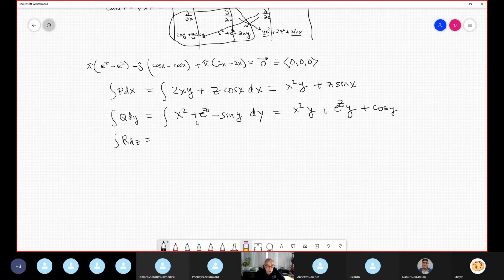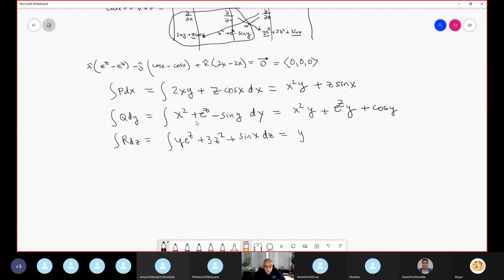Okay. Now the antiderivative of r. Who is r? R is y e to the z plus 3 z squared plus sine x dz. So now you take the antiderivative with respect to z.